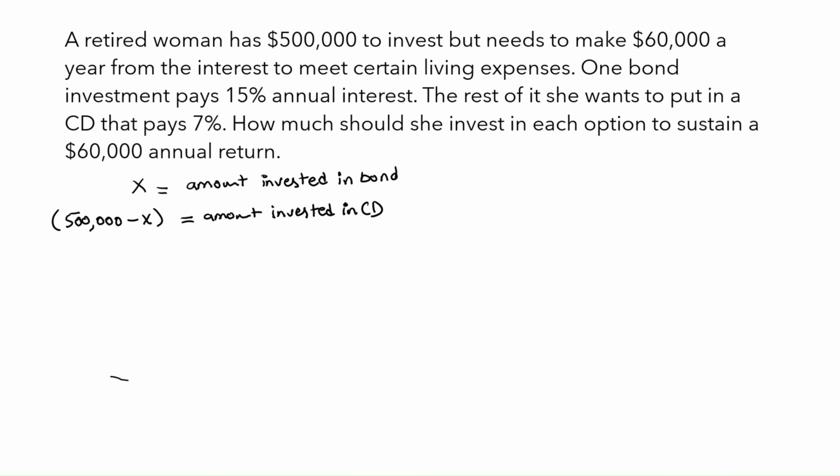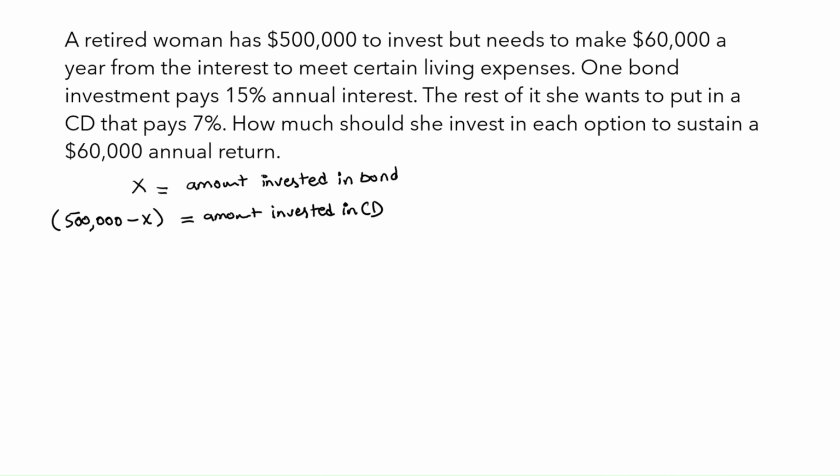Okay, so once we have these two variables defined, let us write our equation here, that we are getting 15% annual interest for the investment in bond.